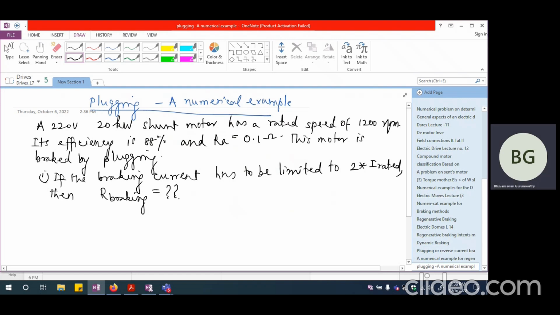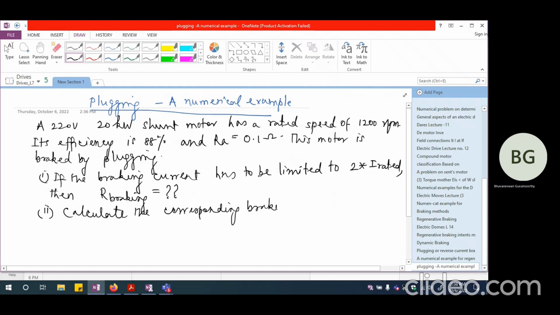What should be the braking resistance that should be included in the armature circuit? That is the first thing that is being asked. Calculate the corresponding braking torque. That is the second subdivision of the question.